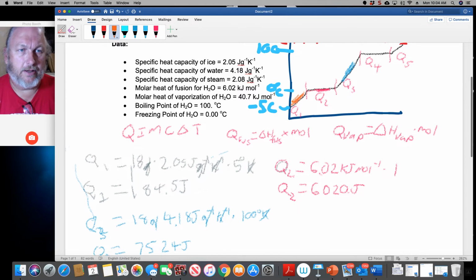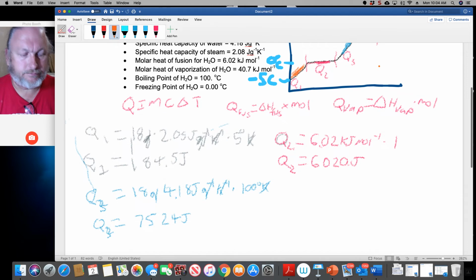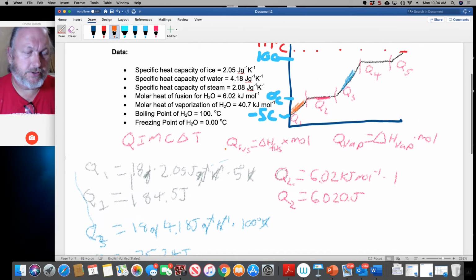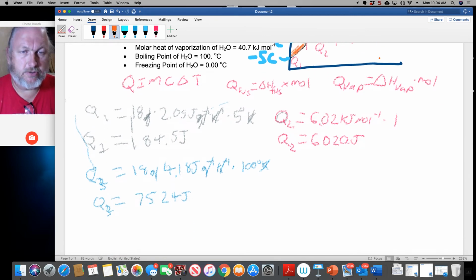Now we got to calculate Q4. Now what is Q4? That liquid is boiling away, and it's taking energy to boil away that 18 grams of water. So let's go down here. I'm going to use the orange here. All right, so here's Q4. So we've got to figure out how much energy it's going to take.